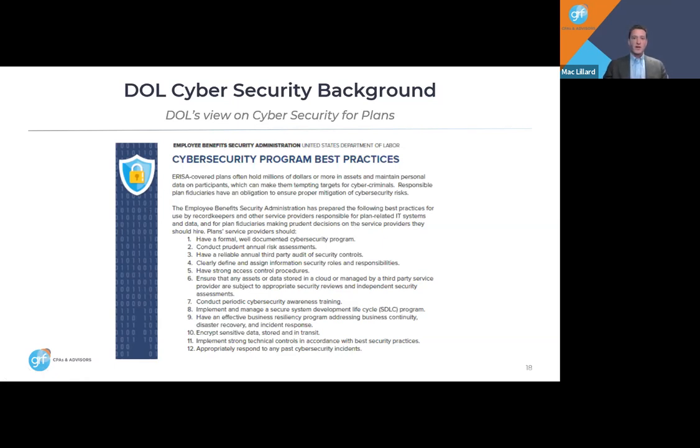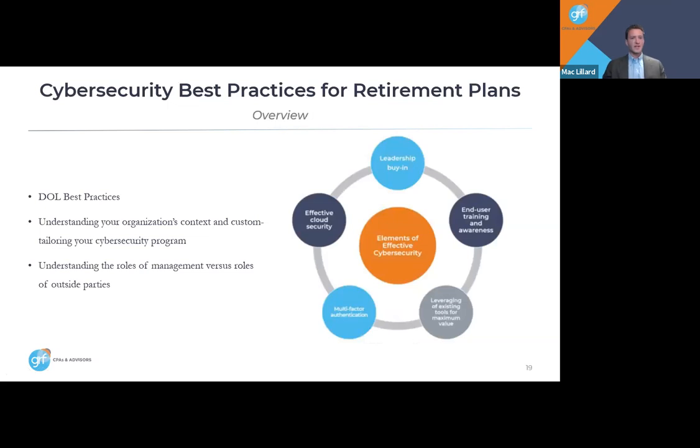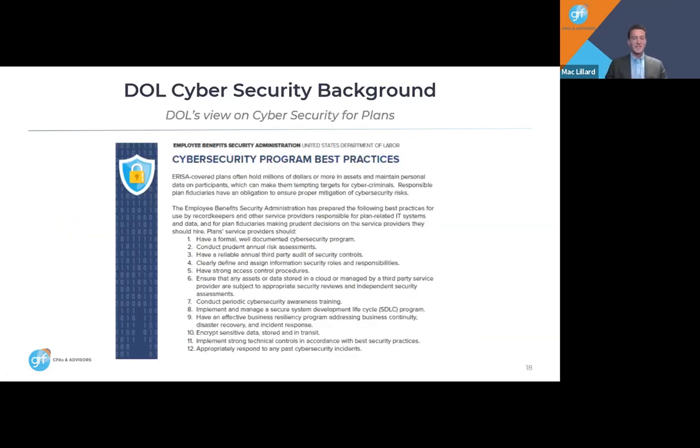So before jumping into those actual cybersecurity best practices, I did just want to again note that one of the first steps that an organization should take is documenting those responsibilities of management and that of their managed service provider, as well as the third party administrator.